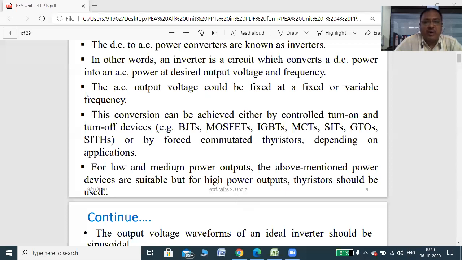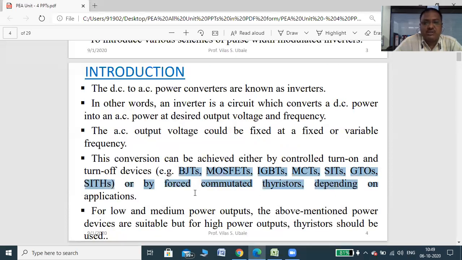Now the main part of an inverter is again the switches. What type of switches have we seen? That is MOSFET, IGBT, SCR, right? And triac. Triac is not used, but other devices like MOSFET, IGBT, or SCRs are used as a switch in an inverter.